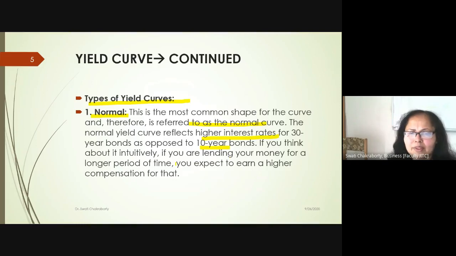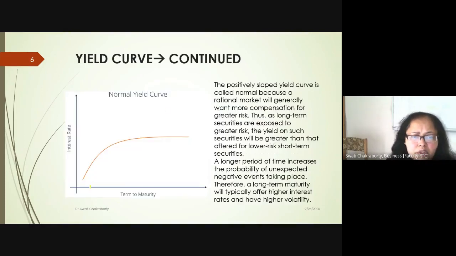If you think about the logic behind it, if you're lending money to someone for a longer period of time, you would expect higher compensation for that. This is a normal yield curve, which I showed earlier also, and it's a positively shaped yield curve.